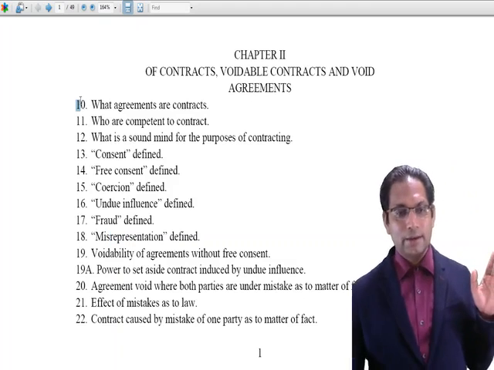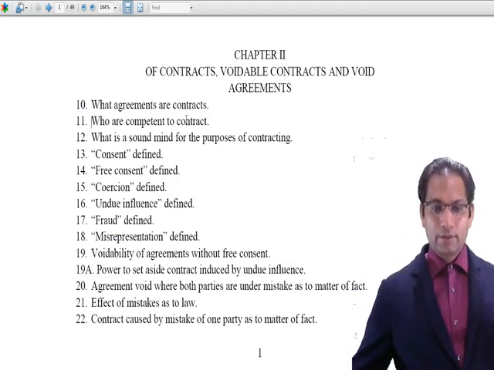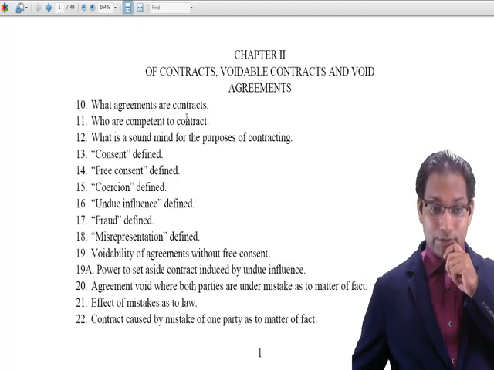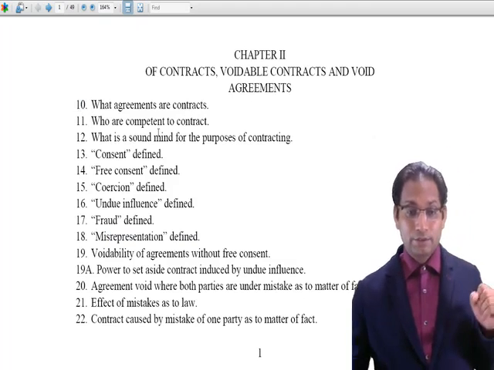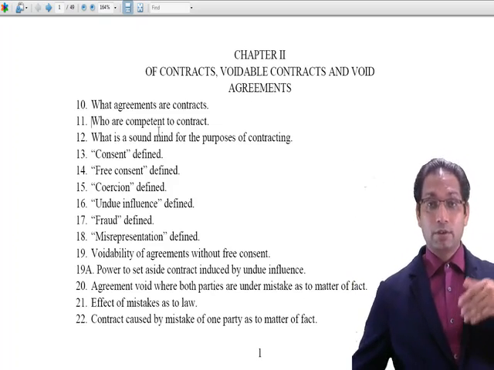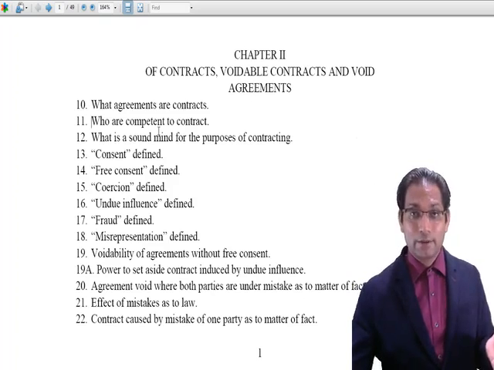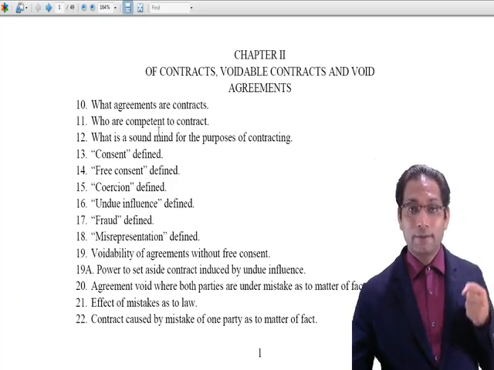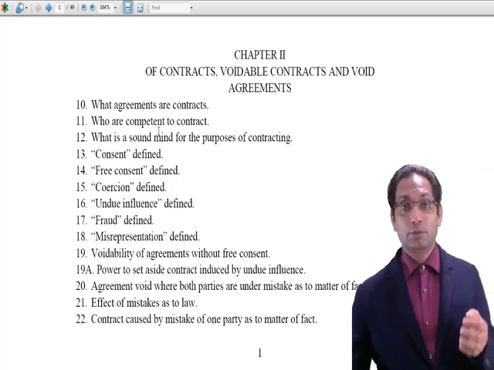The section 10, class. Section 10 we will figure out and write in greater detail at a later point of time. Right? Section 10 says all agreements are contracts if they are made by the free consent of parties competent to contract for a lawful consideration with a lawful object and are not expressly declared to be void.